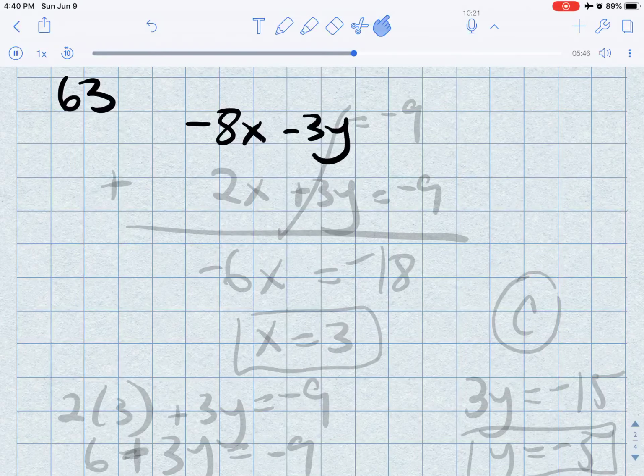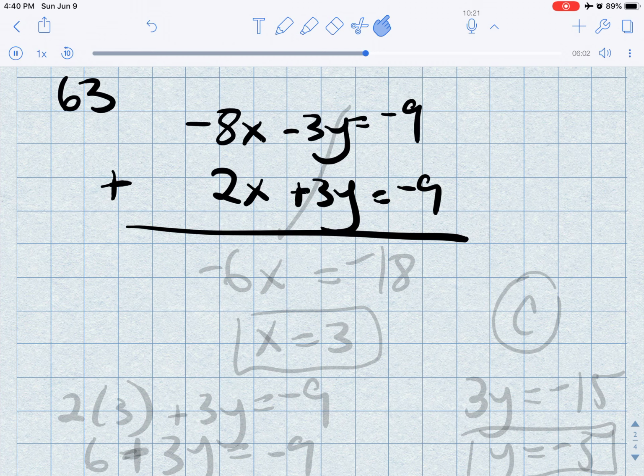This is a zero pair as given, so I can just add them. Negative 8x plus 2x is negative 6x. There's our zero pair, and then I have a negative 18. Negative 6 times an unknown number is negative 18. x must be 3.